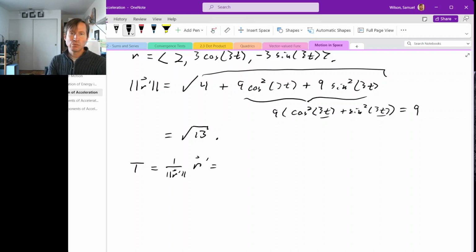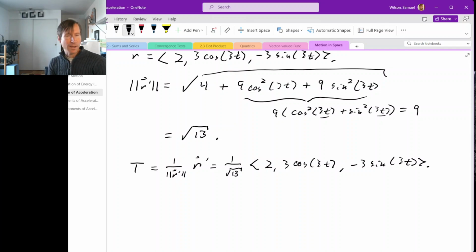So this is 1 over square root of 13 times, and then r prime was 2, 3 cosine 3t, comma, minus 3 sine 3t. Okay. Next up, we need to calculate our unit normal. Remember, our unit normal is T prime over the magnitude of T prime. So let's calculate T prime.